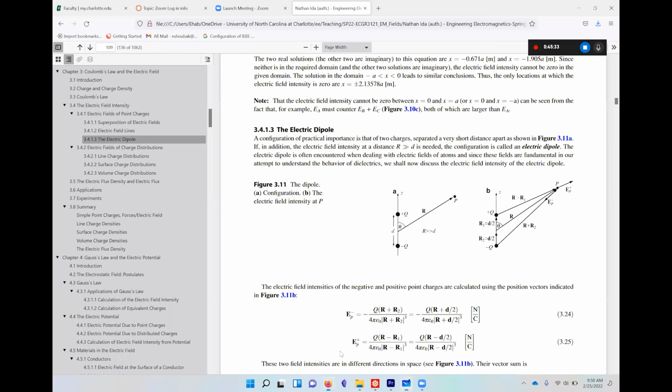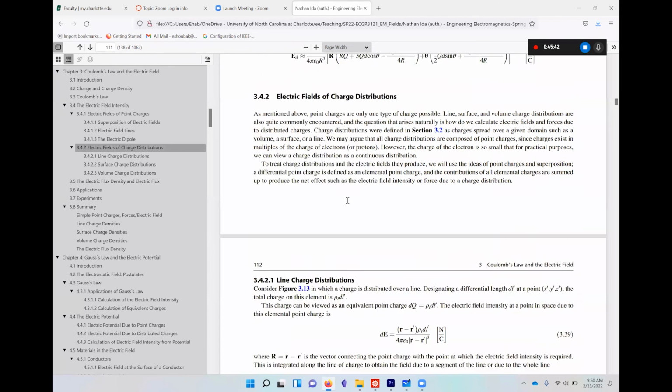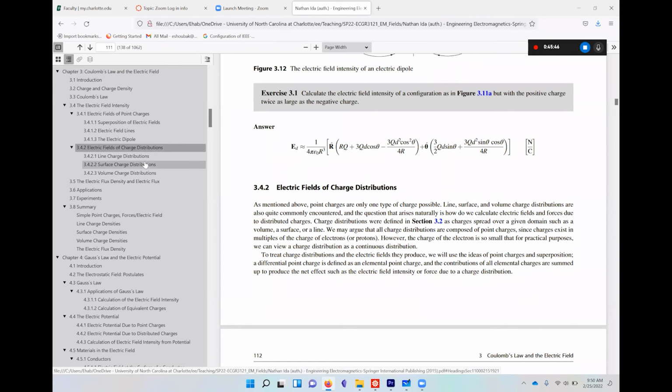So what's next in this chapter we have to cover? I think the final part of the chapter we need to cover, and we discussed that briefly last time, is how to calculate the electric fields of charge distributions.